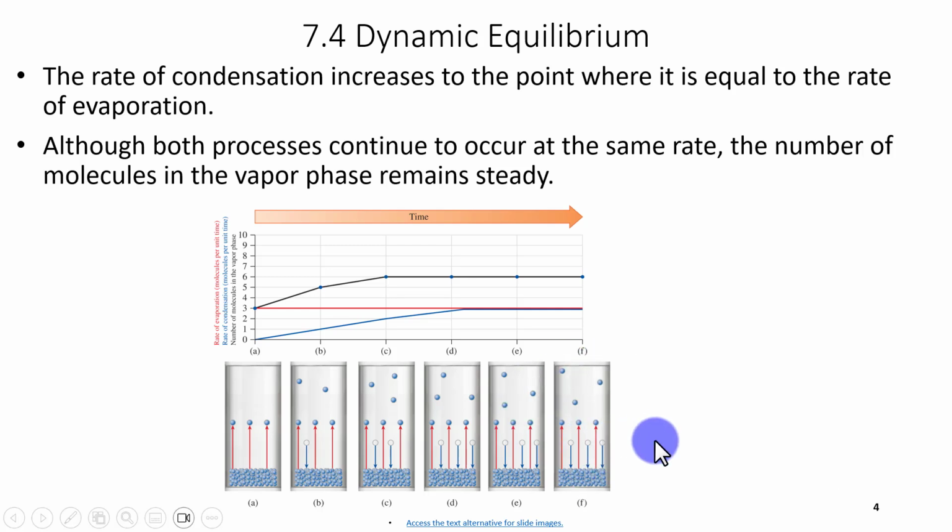So there is no net change. We call it net change, overall change, but the molecules are not the same, right? We have a change in molecules, but overall, the number of the molecules stays the same, but they're not the same molecules.